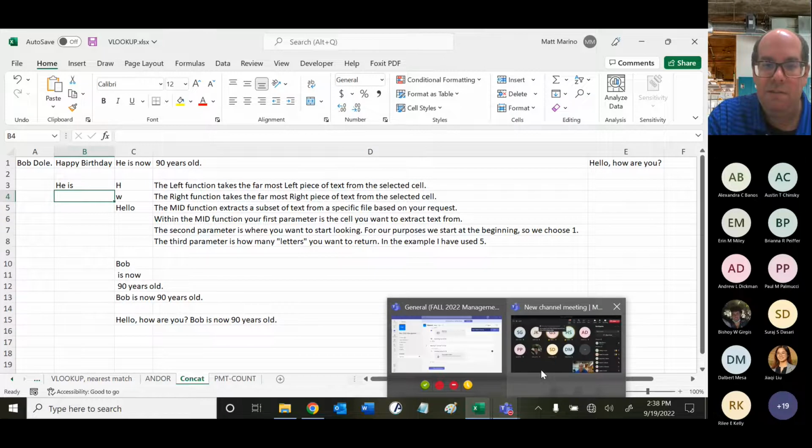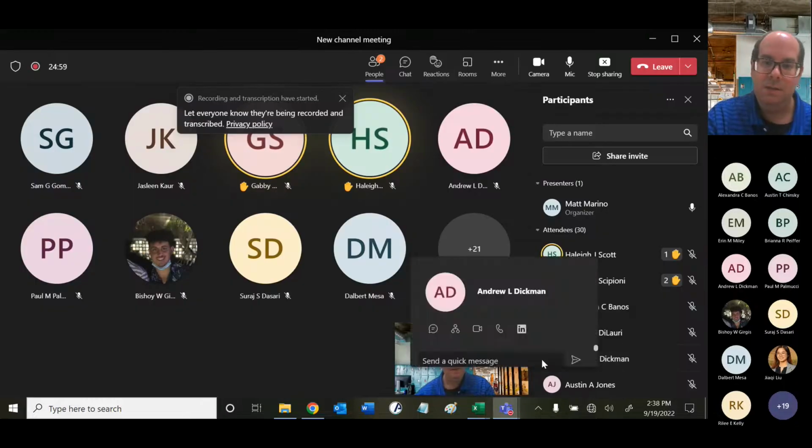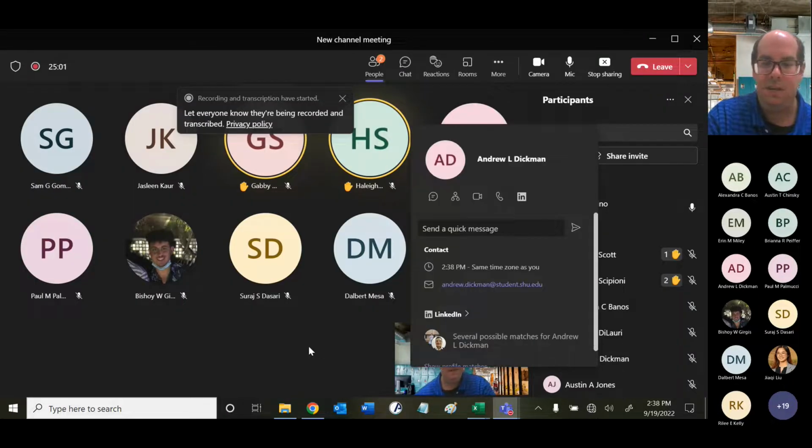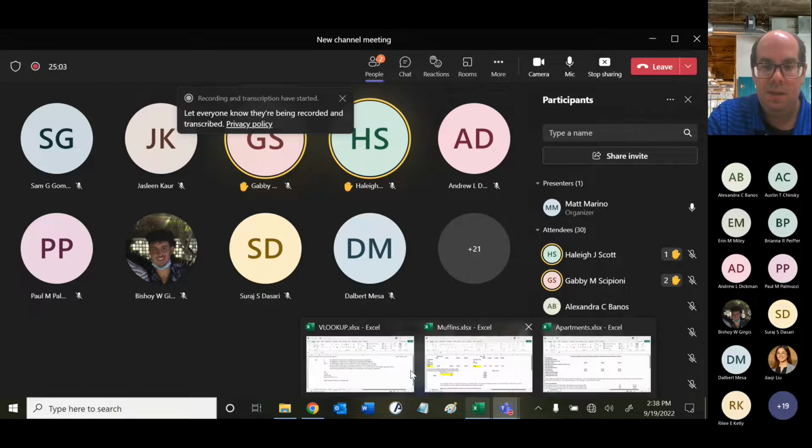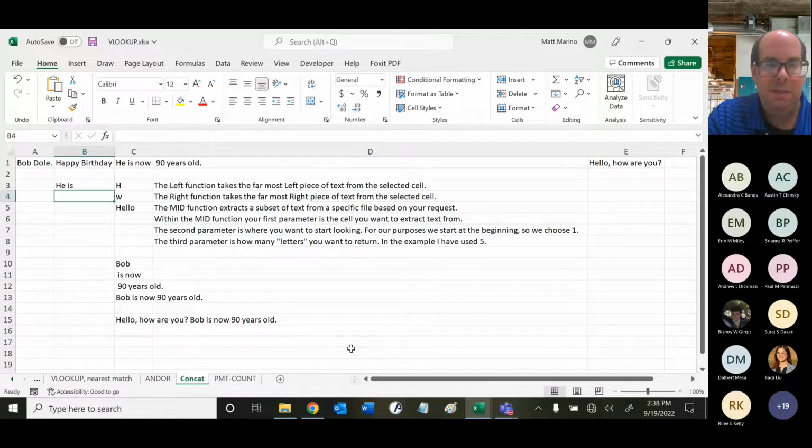So you use the left function when you want to take letters from the left-hand side. The opposite is the right function when you want to start from the right-hand side. So in this example, we're just doing one letter from cell C1.